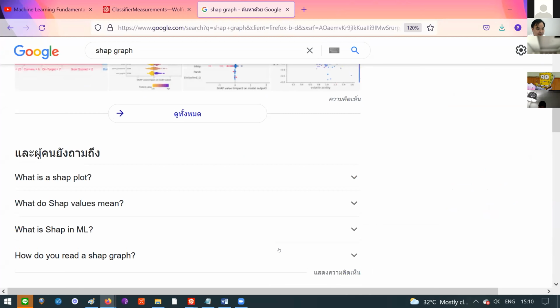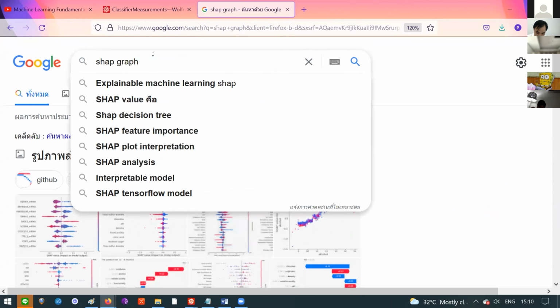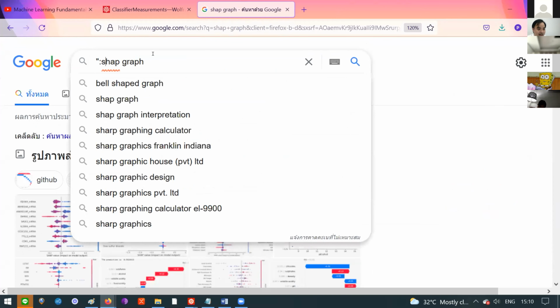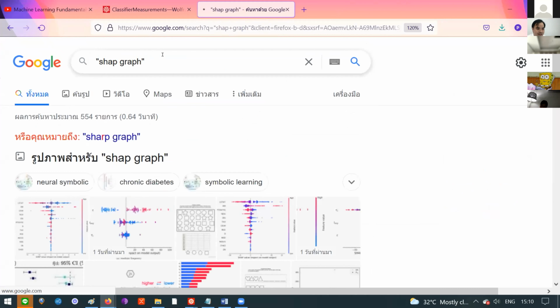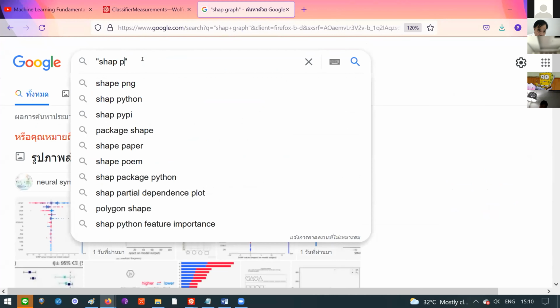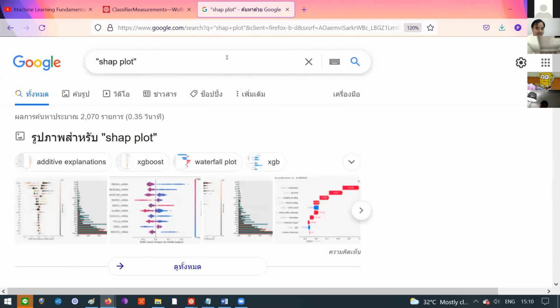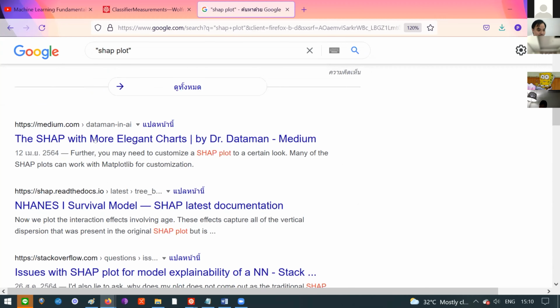Oh, SHAP graph. Hold on, let me put in double quotation marks to see which one's more popular. SHAP graph is not good, but SHAP plot. Yeah, SHAP plot. So use SHAP plot.